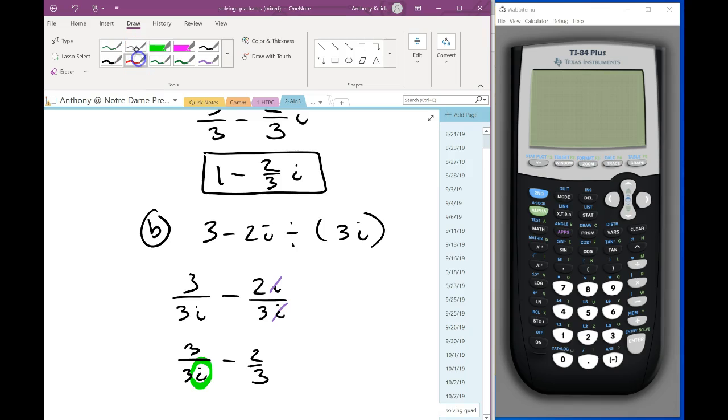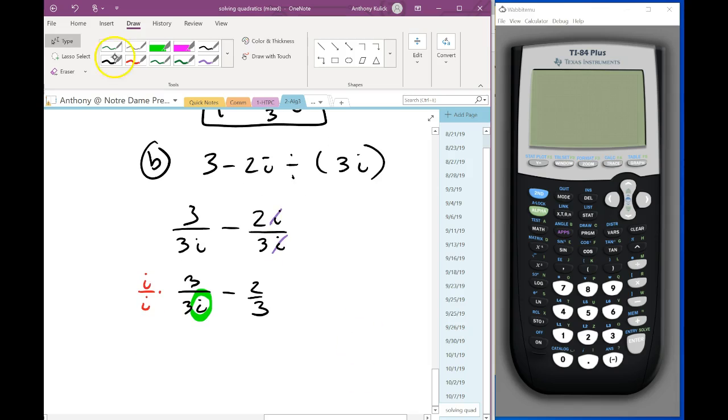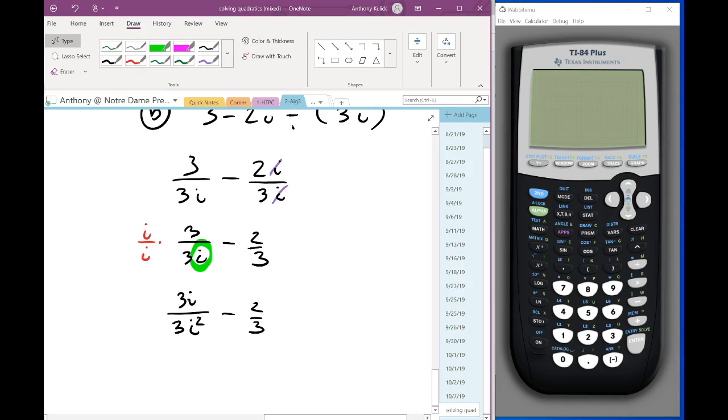So to get the i out of the denominator of my fraction, I'm going to multiply the top and bottom by i. Let's see what that does. So 3 times i is 3i. And 3i times i is 3i squared. Everybody okay with that?